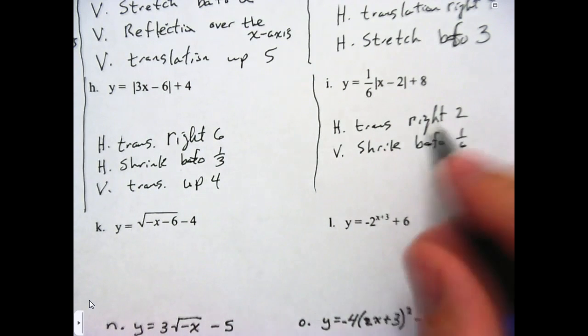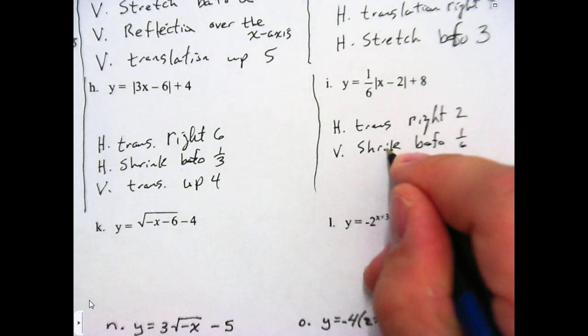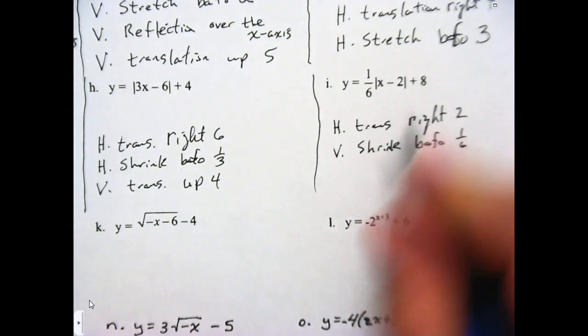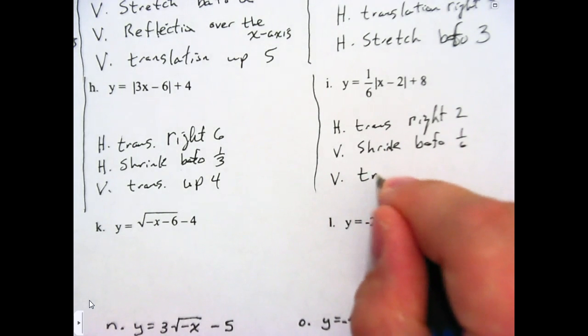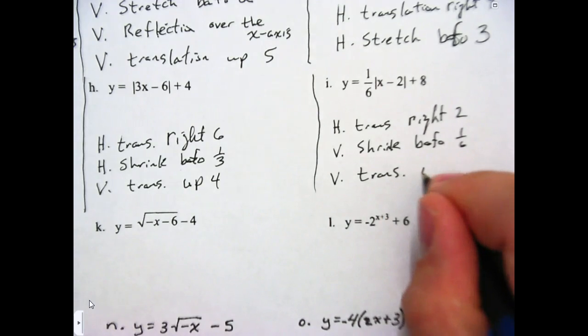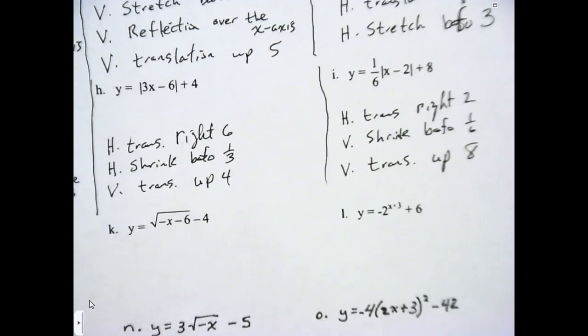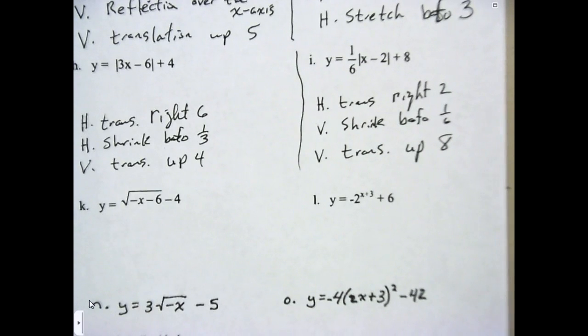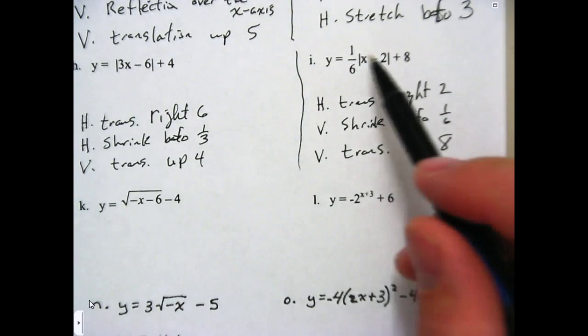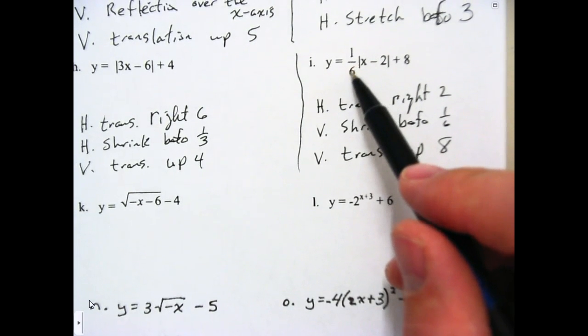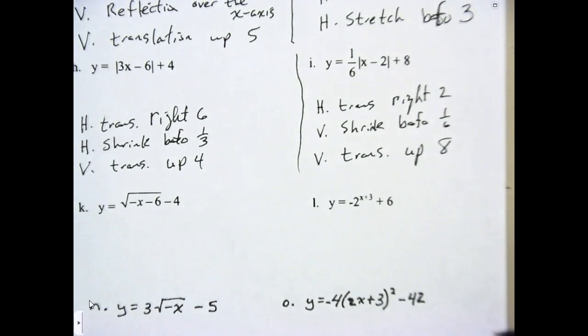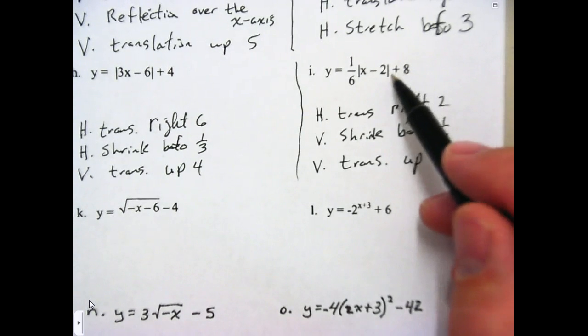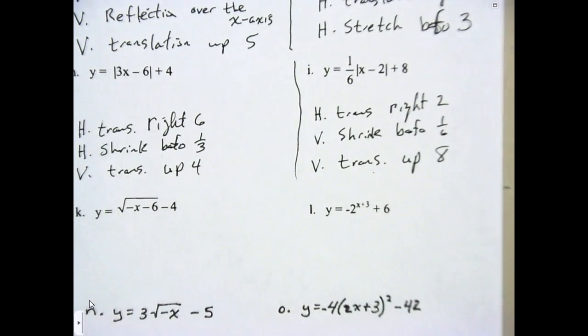Oh, okay. So it's a shrink. And then we do a vertical translation up 8. When it's a stretch, it's greater than 1. It's a translation if you're adding.